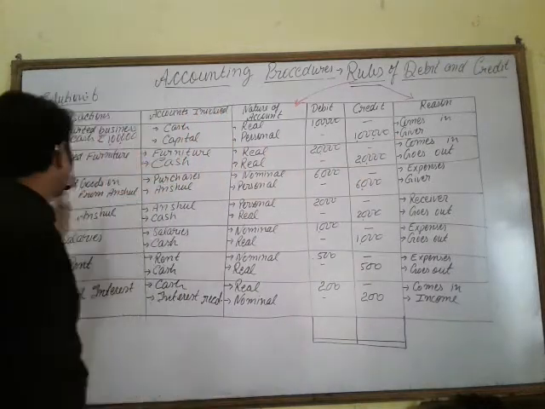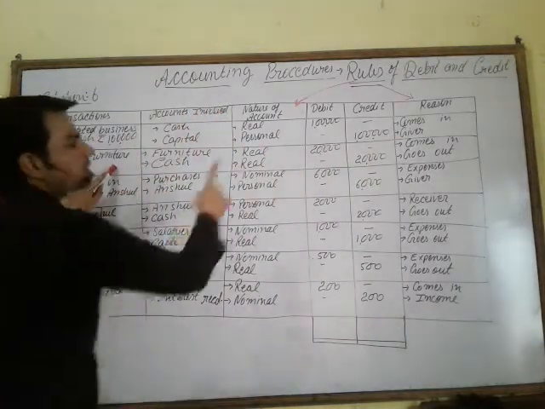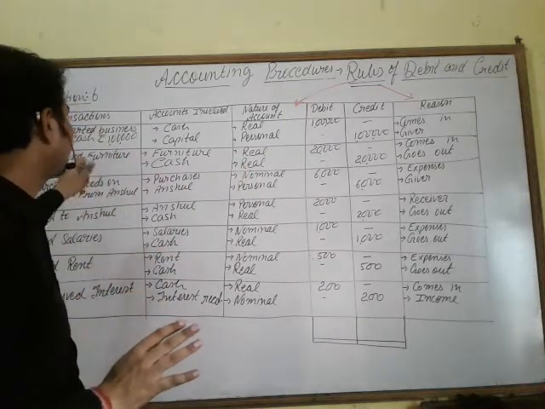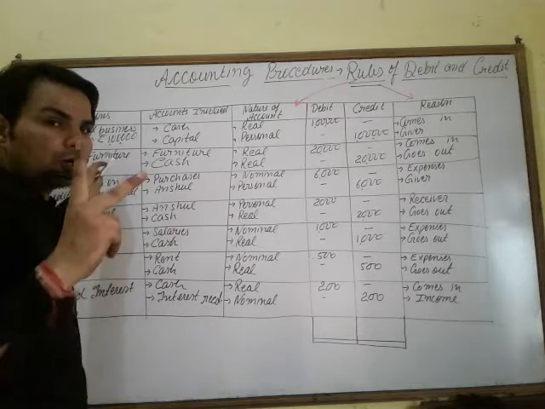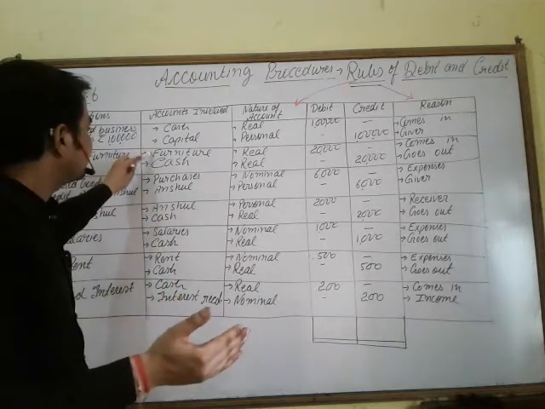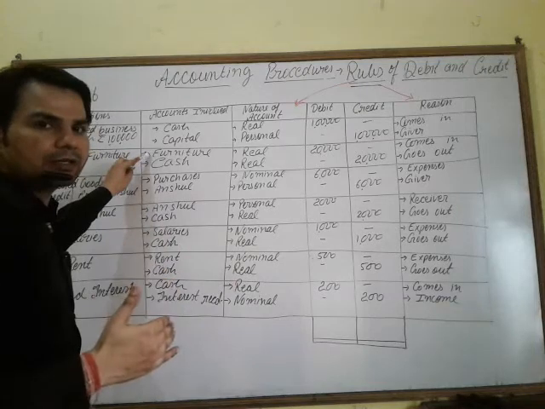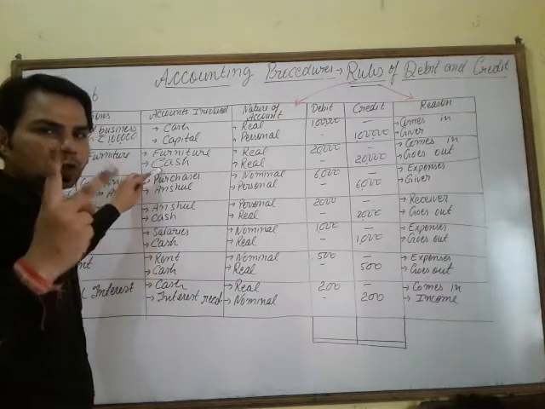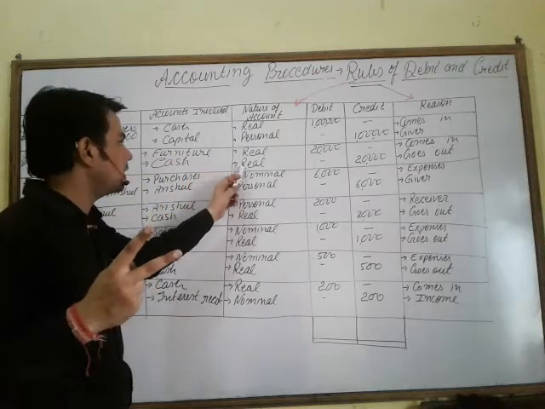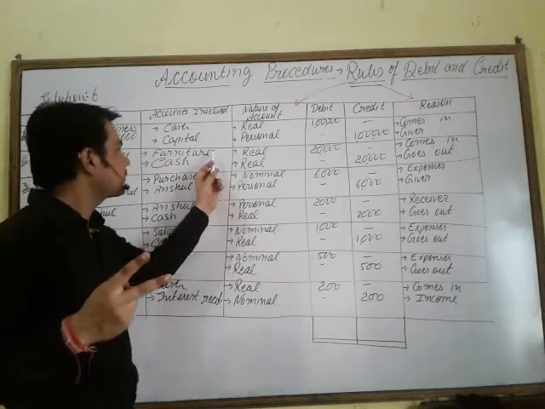Next transaction. Purchase furniture for rupees 20,000. This is the complete transaction. In short, I have written here: purchase furniture, 2 accounts involved. When we purchase the furniture, we receive the furniture and we pay the cash. Furniture is a real account, cash is also a real account. Both are assets.